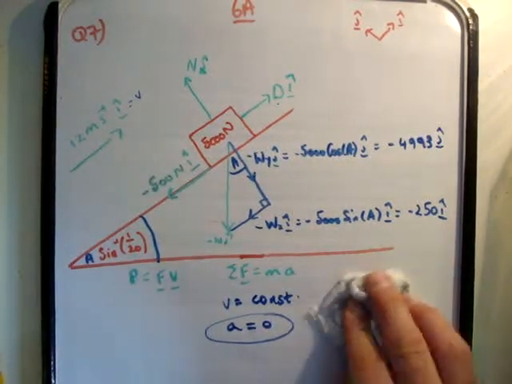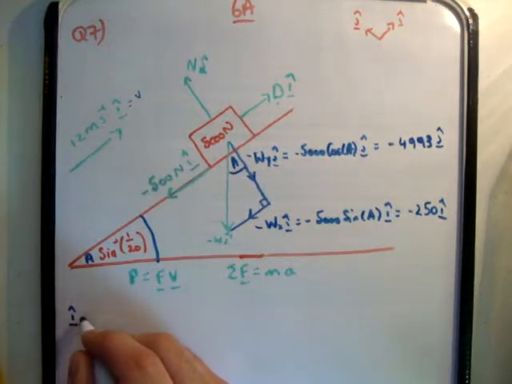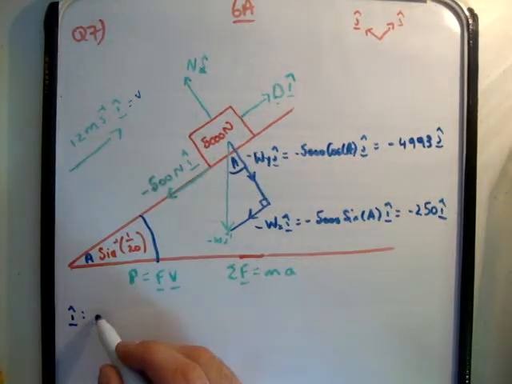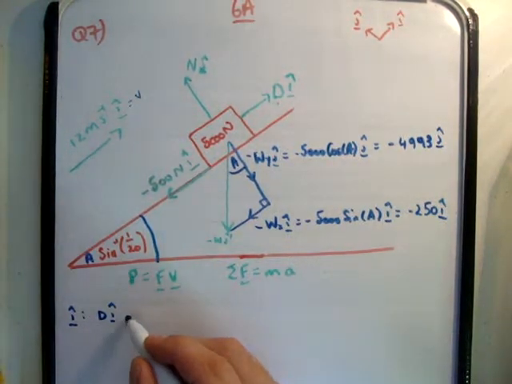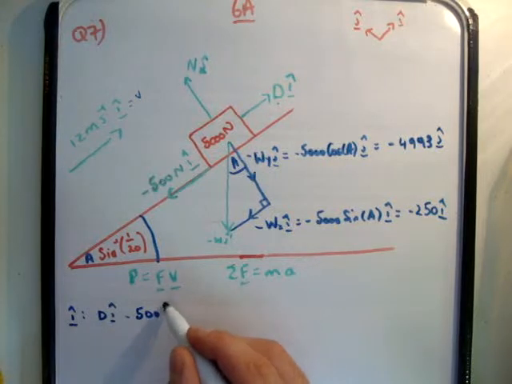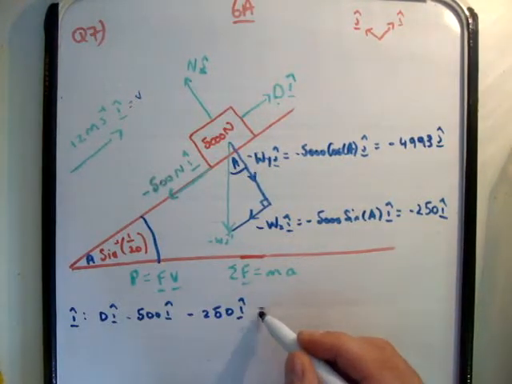So that means that we have no acceleration. That means the sum of the force vectors affecting the car is equal to 0, because the car is the thing moving at a constant speed. So let's look at the i hat unit vector direction. We're going to get that D i hat minus 500 i hat minus 250 i hat is equal to 0.